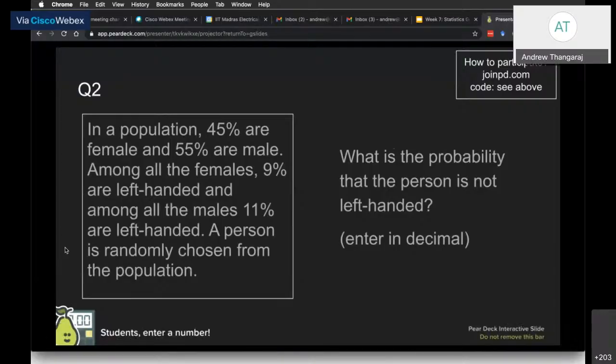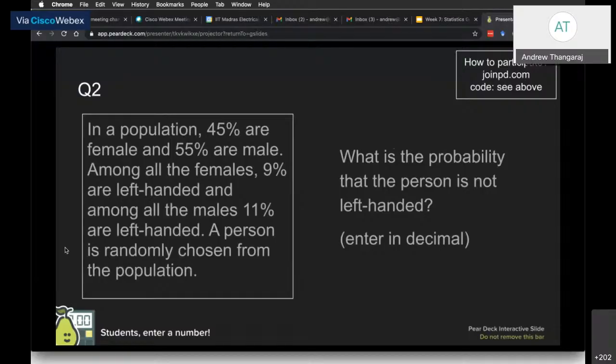When somebody says among the females, 9% are left-handed, you have to interpret it as a conditional probability. It's understood from the English how to translate it into probability. So 45% are female, 55% are male, that's just probability. Among the females, 9% are left-handed gives you a conditional probability of left-handed given female.